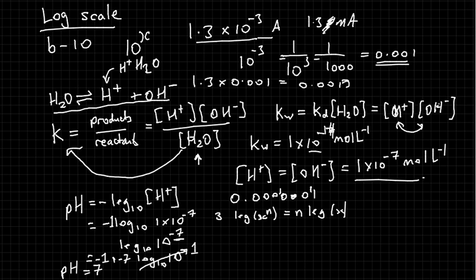So let's say we were to add some acid, and the pH was to go to a pH of 1. We can work that out: 1 is negative log 10 of the H plus concentration. We want to work out what the concentration of hydrogen would be in a pH 1 solution.